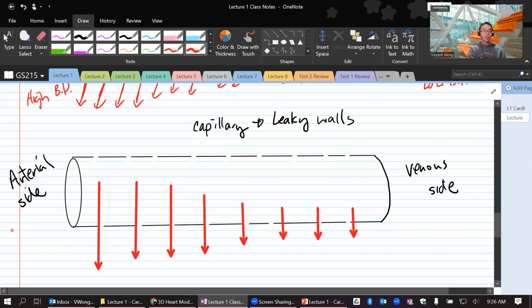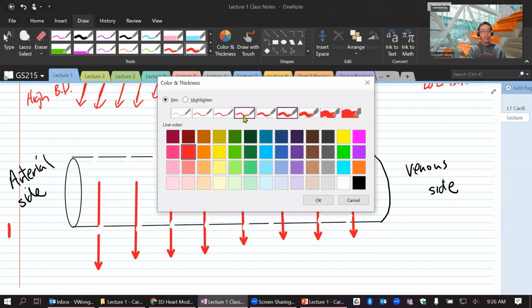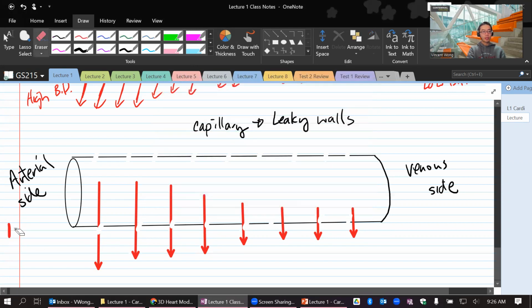These are just hypothetical numbers that help you understand what's going on. The blood pressure over here might be 30 mmHg, the unit for measuring blood pressure, but on the venous side, it might be, let's say, 15 mmHg.